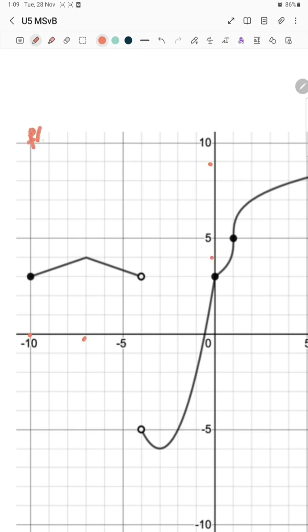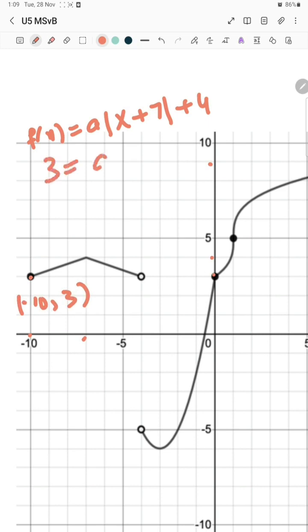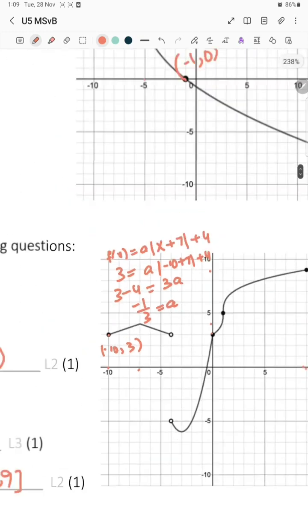So it can be written as f of x is equal to a x plus 7 plus 4, and this is minus 10 and 3. Minus 1 by 3 is equal to a.